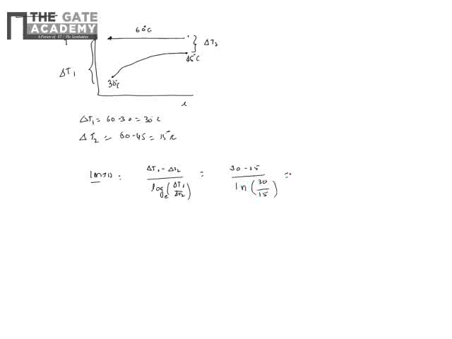This turns out to be 15 by ln 2, and using a calculator this value comes out closer to 21.6 degrees Celsius. So this is your LMTD. Option B is 21.6, so the answer is B.